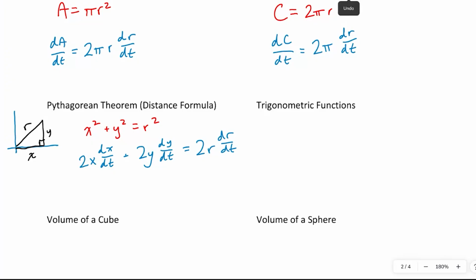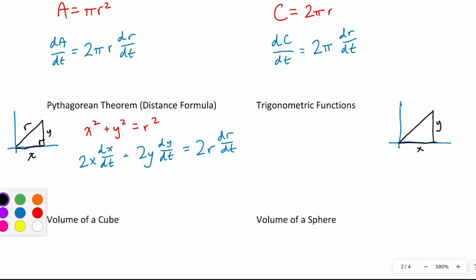Then we've got our trig functions. And we're not going to go through each individual one of them. It'll take too long. But if this is x, y, and theta, let's set up.